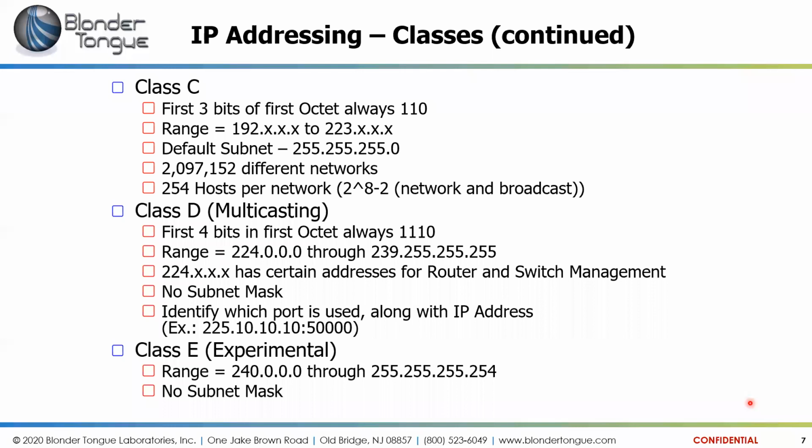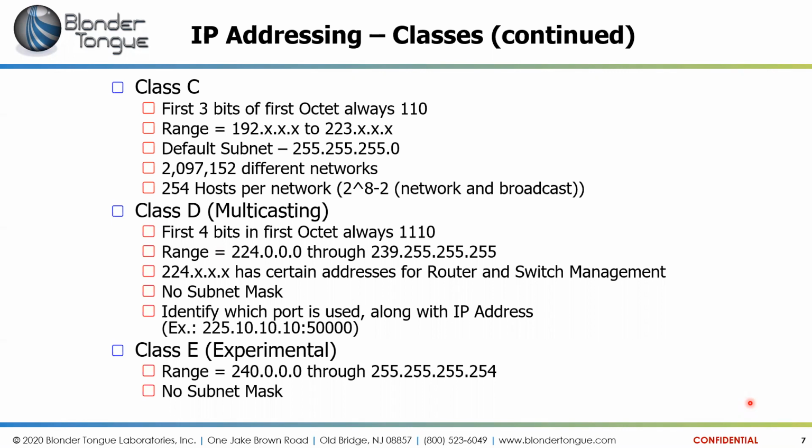But when we do address it, when we talk about coming from a transcoder with an IP signal output, and we talk about receiving that signal with a VLC media player or an IP set-top box, we need to identify which port is used along with the IP address.